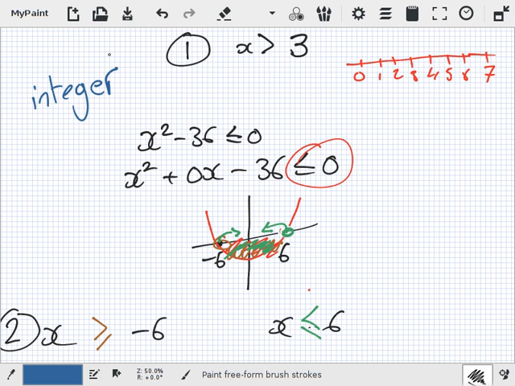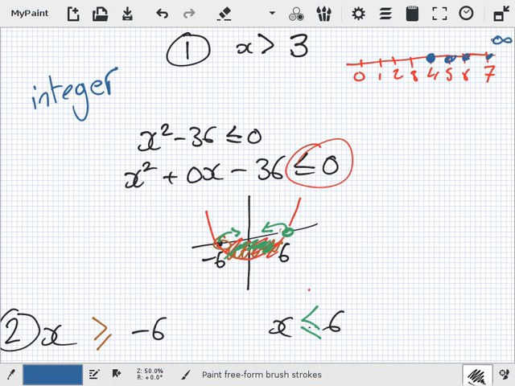Yeah, it's a whole number. But not only is it a whole number, it's a positive or negative whole number. So, what is the first integer bigger than 3? 4. Then the next one? 5, 6, 7, etc. All the way to infinity.